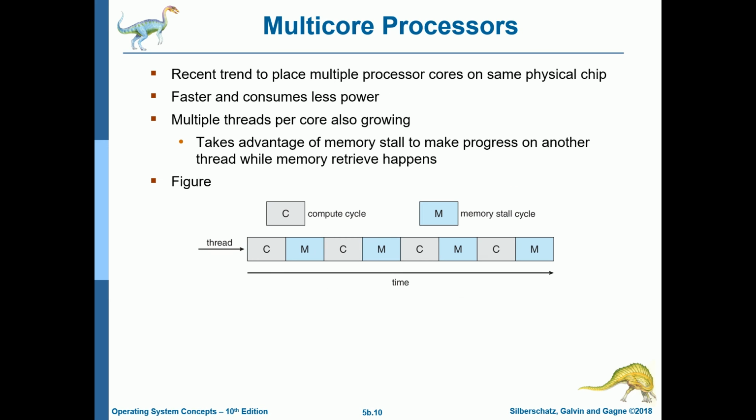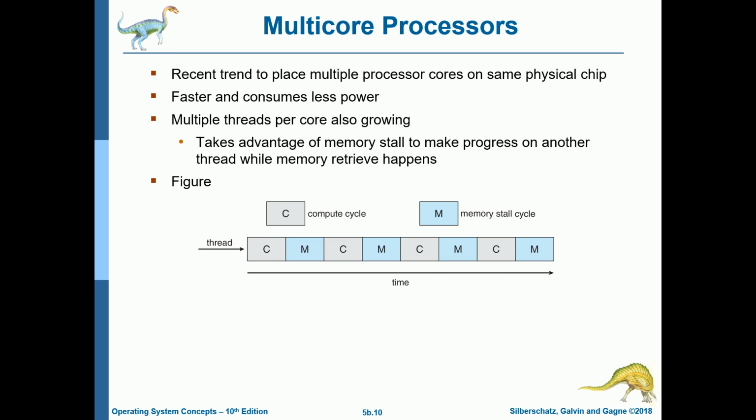Now, traditionally, SMP systems have allowed several processes to run in parallel by providing multiple physical processors. However, most contemporary computer hardware now places multiple computing cores on the same physical chip, and this results in a multi-core processor.